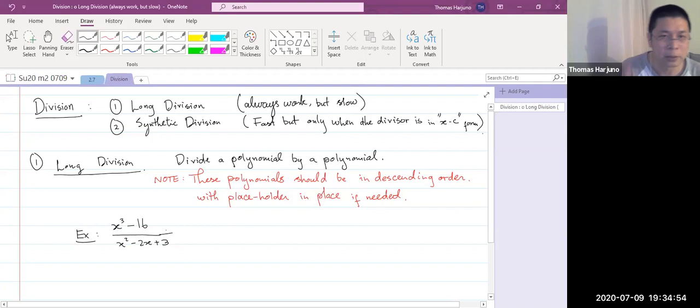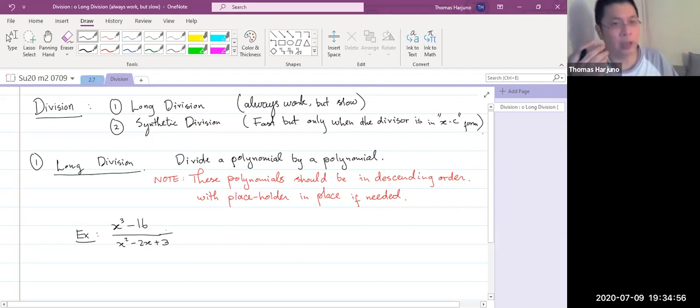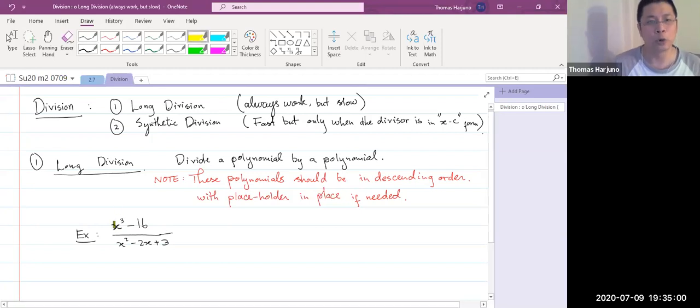I make up numbers. Now, what I meant by descending order is your polynomial needs to start from the highest exponent and, one step at a time, go to the smaller exponent. Degree of 2, and then degree of 1, and then degree of 0. So the degree has to go down one by one.